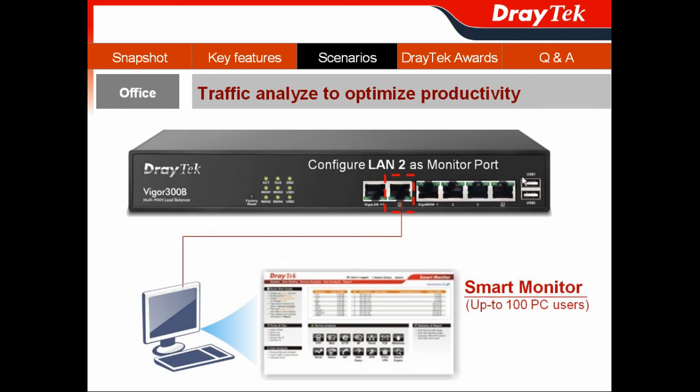You can configure LAN 2 as the monitor port and hook up a PC or server installed with the free-of-charge Smart Monitor. Luckily, Vigor300B is for a 100 PC user environment, and the Smart Monitor can support up to 100 PC users, so you can monitor everybody.